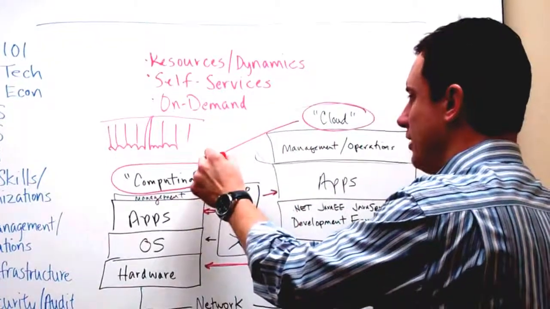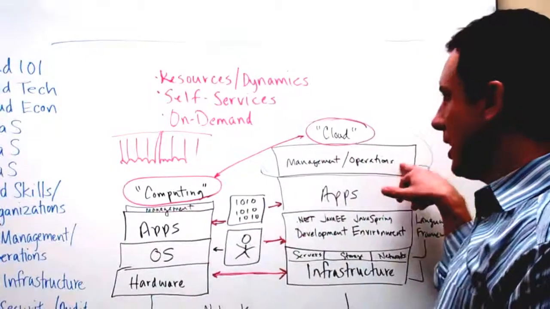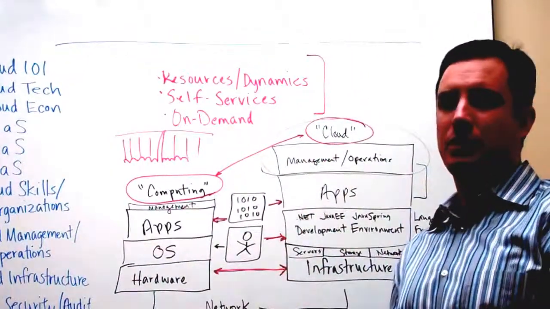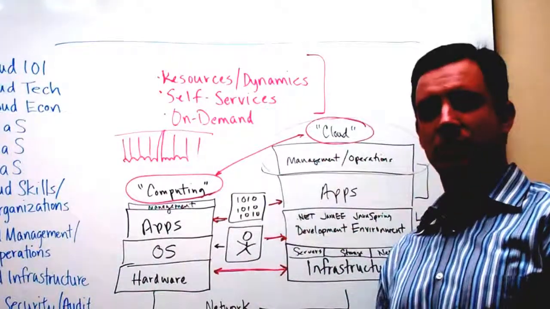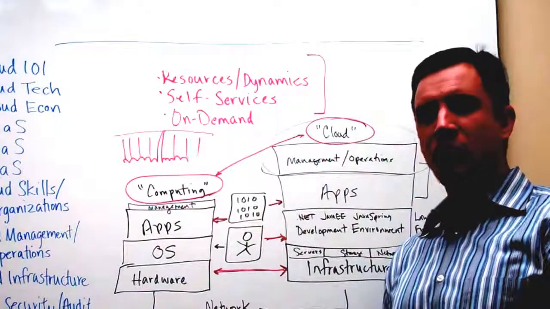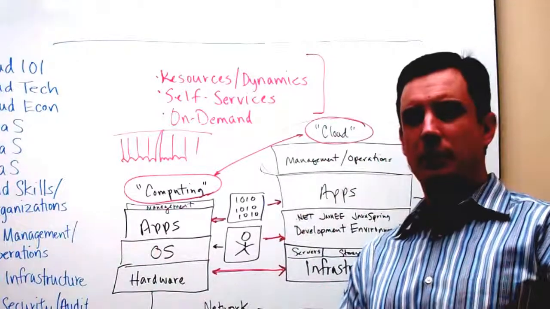And we can draw those analogies, but really the big change is the management and operations to be able to deliver dynamic resources, on-demand resources, and self-service resources for my applications, for my infrastructure, and for my development environments. So hopefully this gives you a good basic understanding of the technologies underneath cloud computing.